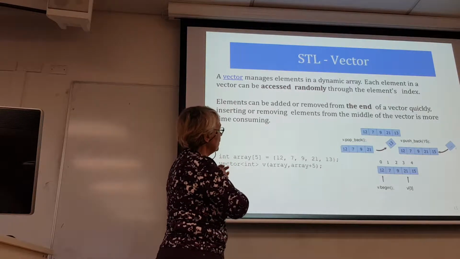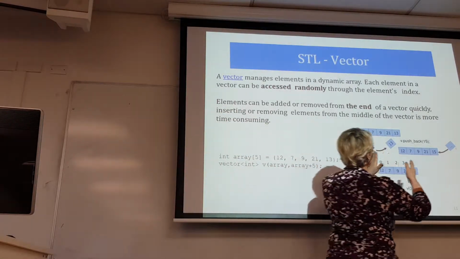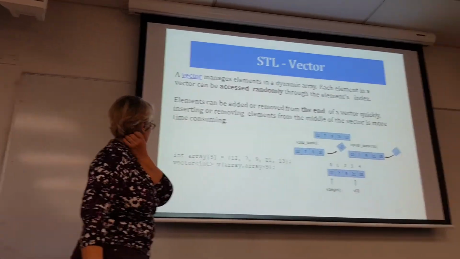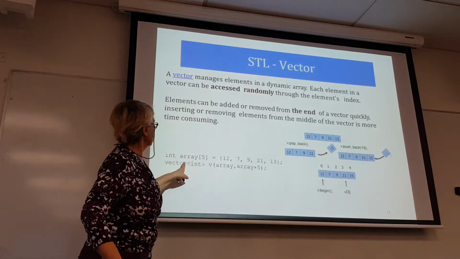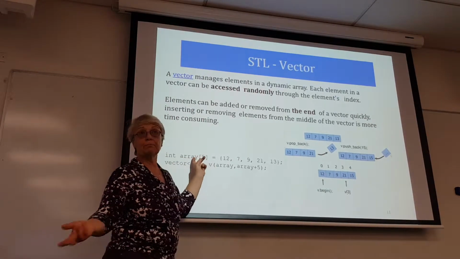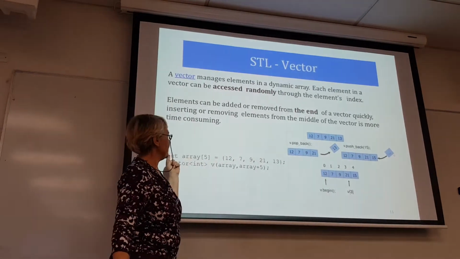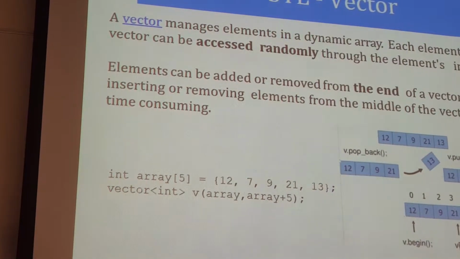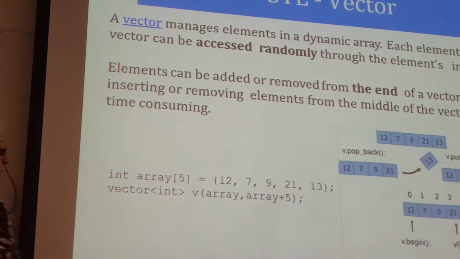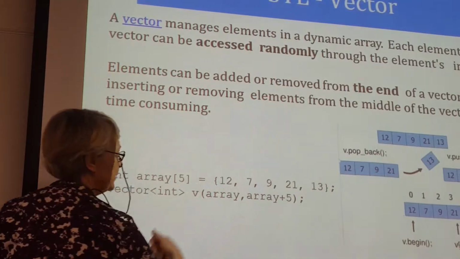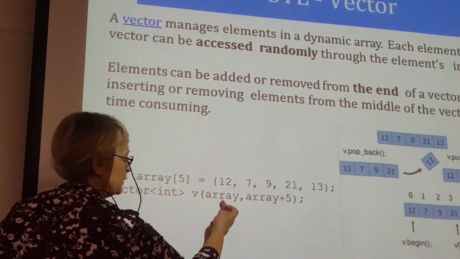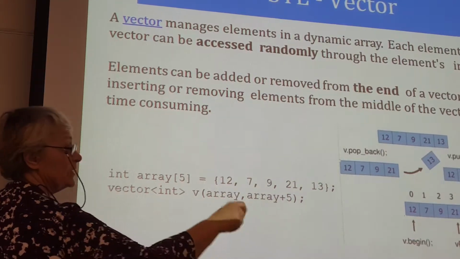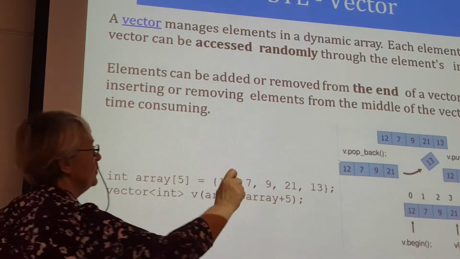Right, so the best way to work with vectors is through the end, the most efficiency. You can see that you can construct a vector from a C array very easily. In order to get all these elements in your V, you specify the beginning. Array is the same as reference to array 0, probably you know.